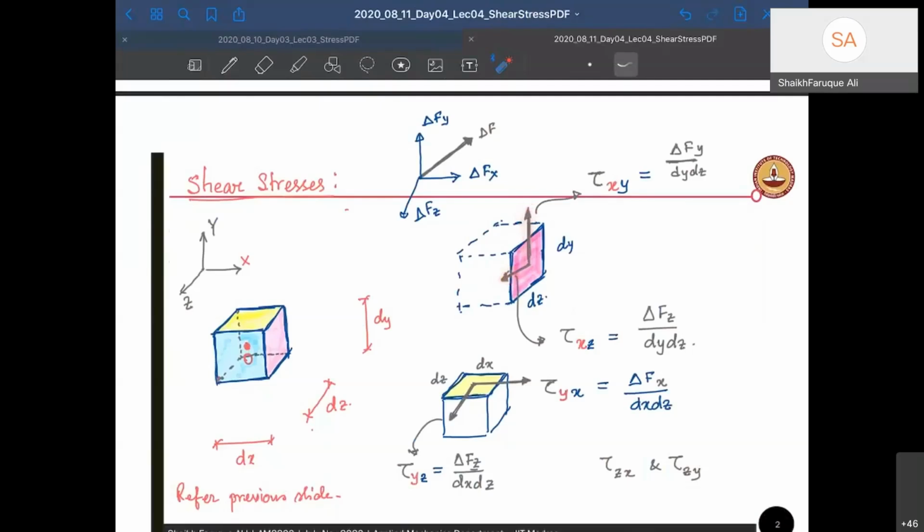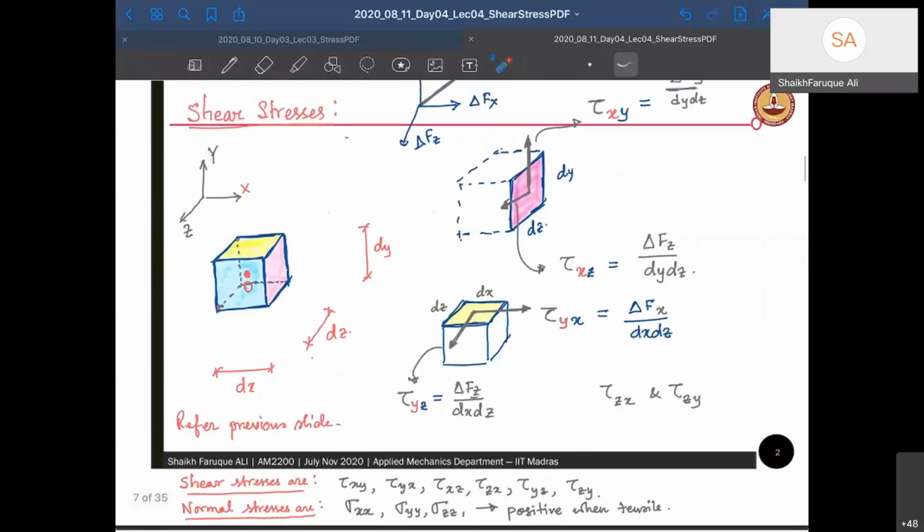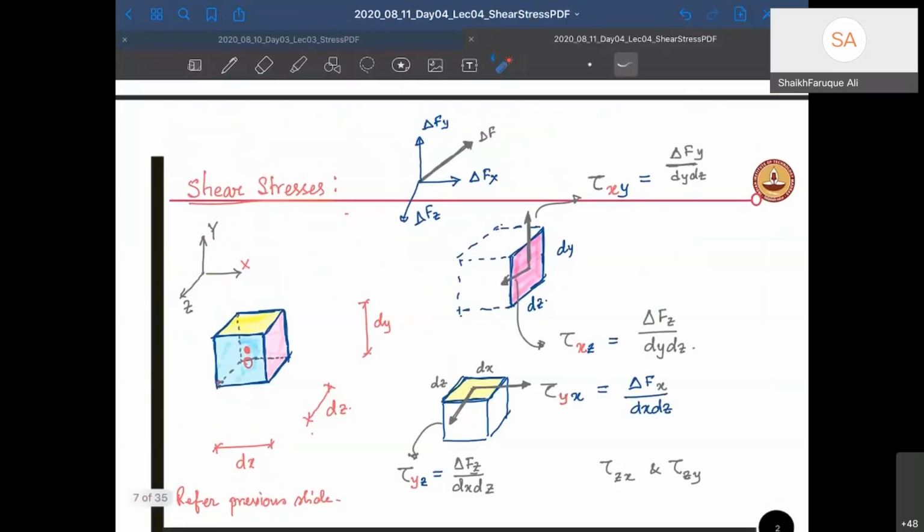So if I consider only 3 faces, there are 6 of these stresses: tau xy, tau yx, tau xz, tau zx, tau yz, tau zy. And we have also defined how you can calculate these stresses given the forces along those surfaces.